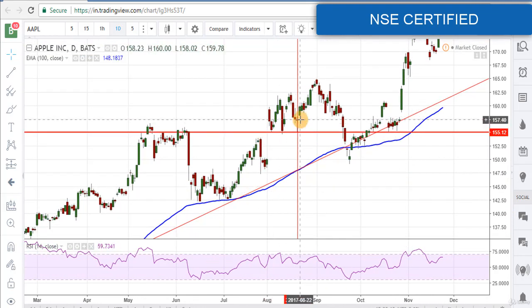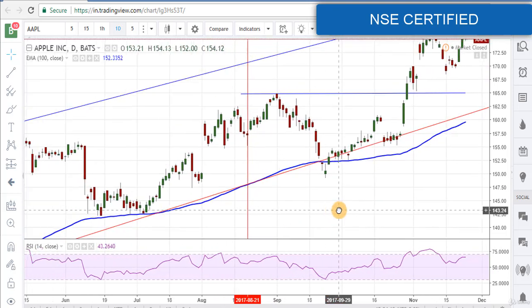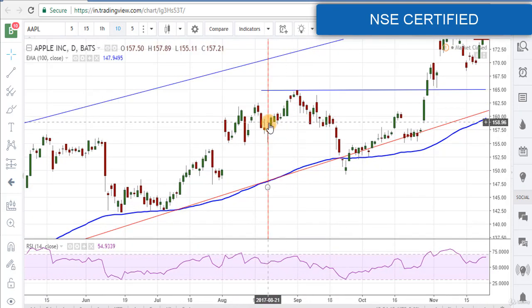This was our point and we were here at $157.12. Now see, after touching the $165 level, the stock fell down to the extent of the trend line. This was the trend line and this is the moving average, the 100 period moving average.